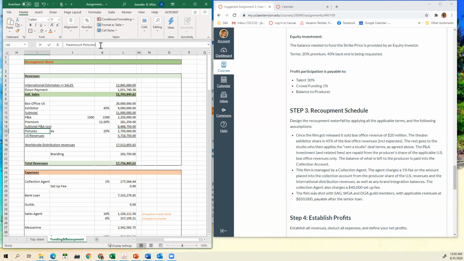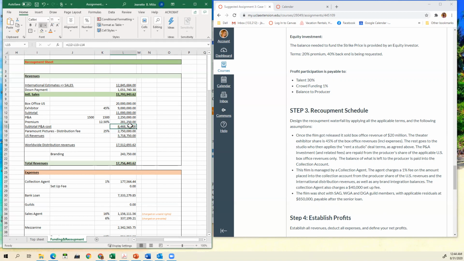We also have to pay Paramount a distribution fee. I'm going to write down here Paramount distribution fee, so you know what that is. Distribution fee, here we go. So they're charging us 25% of what we are receiving, which is $11 million. So that goes here. And then the US revenues is basically whatever is left, which is we're taking our subtotal.